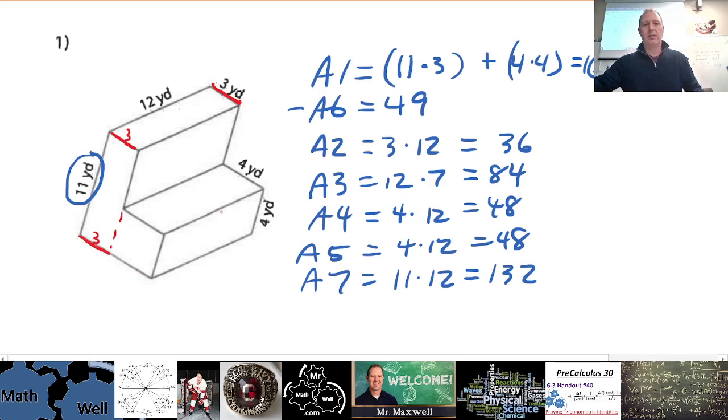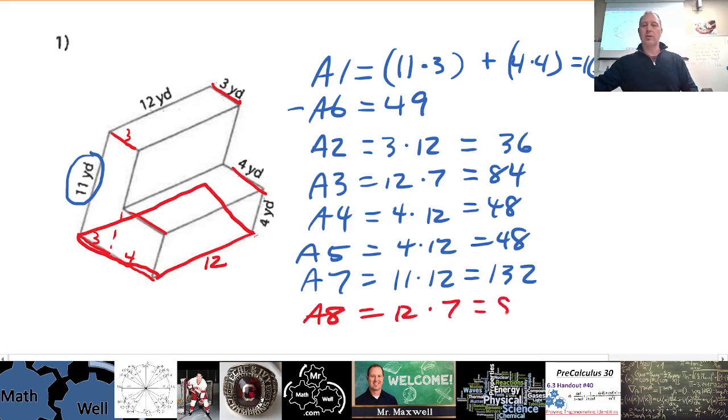And this piece is the same as this side. So that's going to be 4. So the bottom piece is going to be 12 units here by 7. Perfect. It's going to be 12 by 7. So the 8th one is going to be 12 times 7, which is 84.